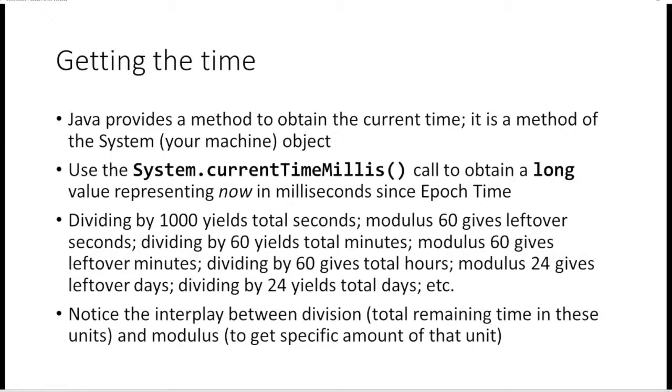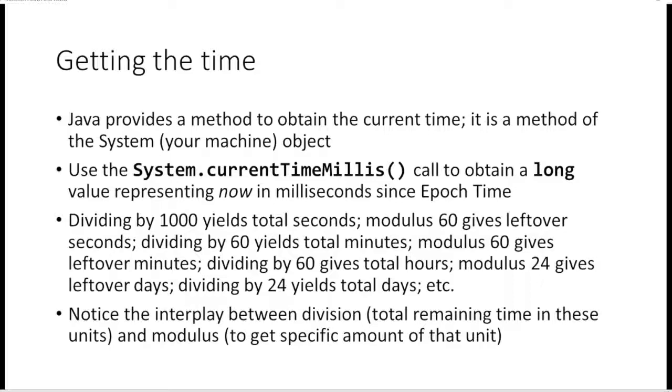After we do the modulus 60, we then do a divide by 60. Because it's integer, it chops off those remainder seconds, in my example 20 seconds, but we've already captured that using modulus. So now we're going to get the total number of minutes. We don't usually use huge numbers of minutes, so we're going to now do modulus 60.